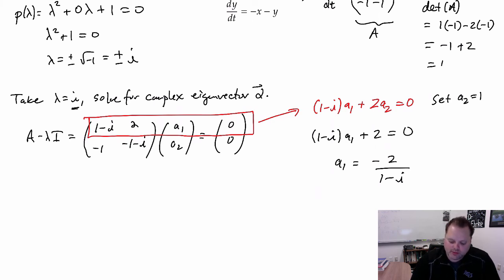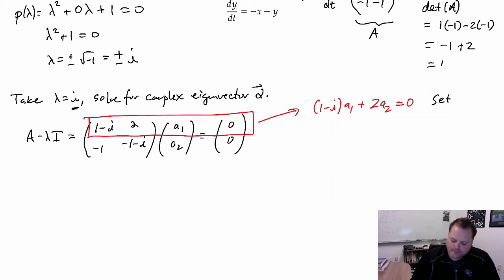So here instead is what I would do. I wouldn't set a2 equal to 1; I would set a1 equal to 1. Then what you get is 1 minus i plus 2 a2 equals 0, or a2 equals (1 minus i) divided by negative 2.